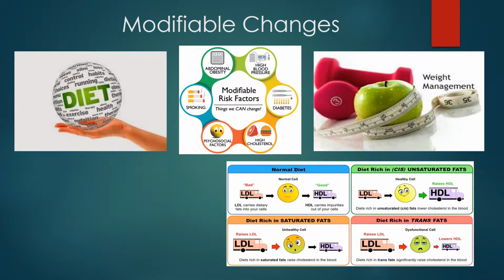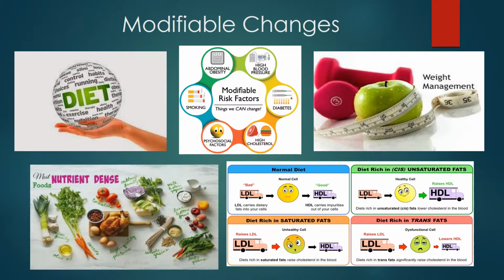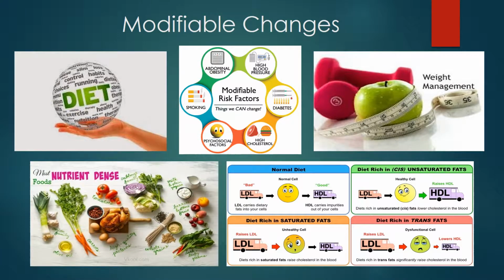LDLs carry dietary fats into the cell, and HDLs carry the impurities out of the cell. Diets that are high in unsaturated fats that contain HDLs will help the cell lower cholesterol levels within the blood.